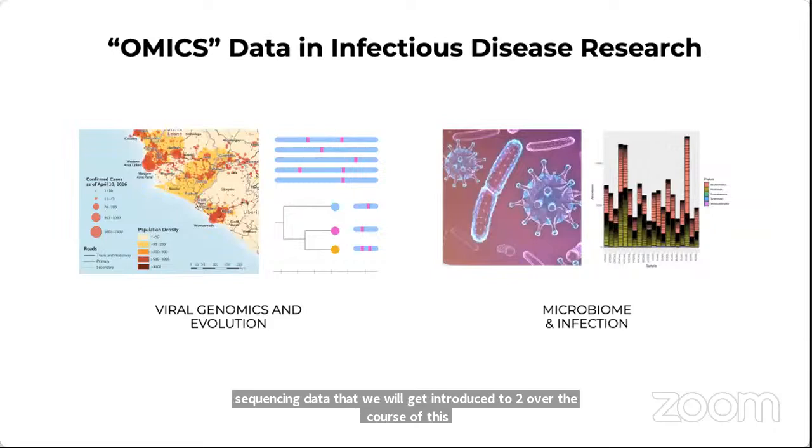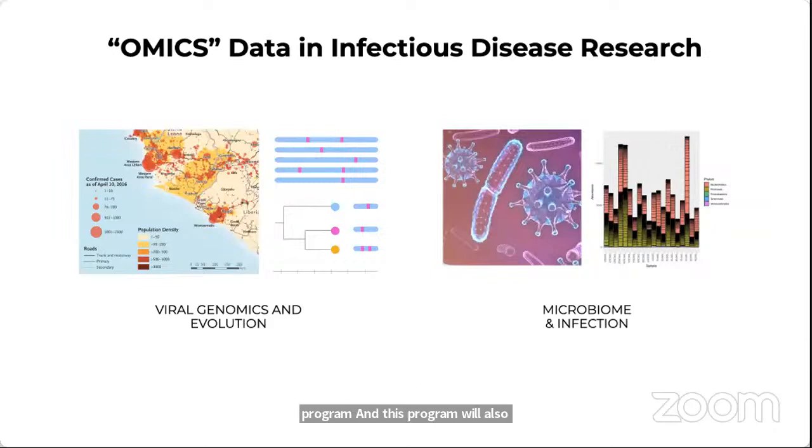This program will also introduce you to several examples of how the connection between this omics data and the reasons behind diseases and their responses to treatment options was established successfully by researchers studying, for example, viral infections like the Ebola virus outbreak in West Africa.